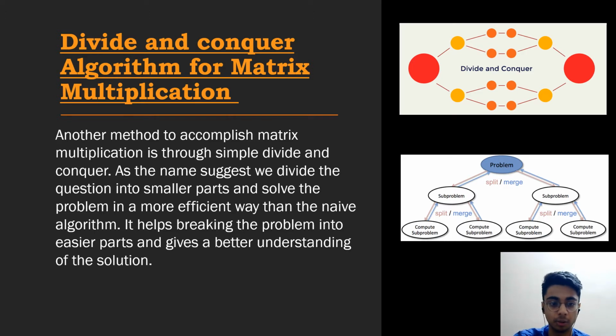This is another method to accomplish matrix multiplication. As the name suggests, we basically first divide the question into smaller parts and then solve that problem in a more efficient way. Because if you have a bigger problem and you have subdivided the problem as you see in this diagram, you divide the big problem into sub parts.